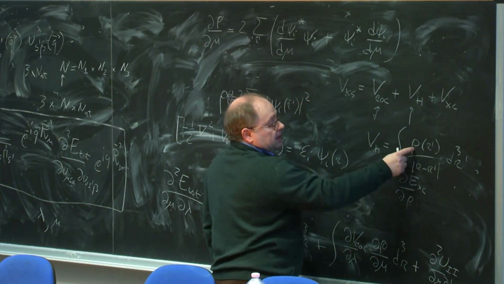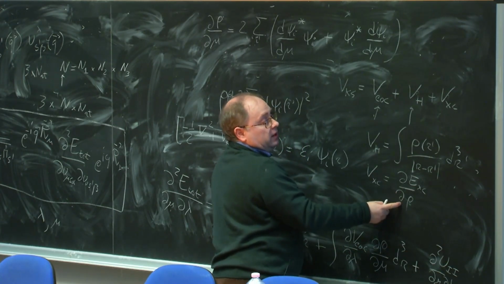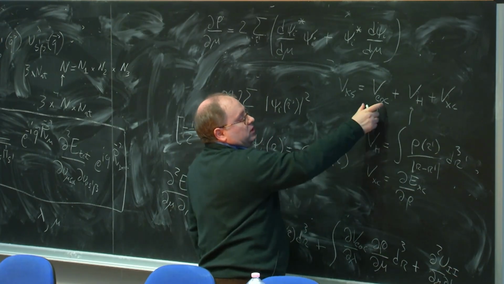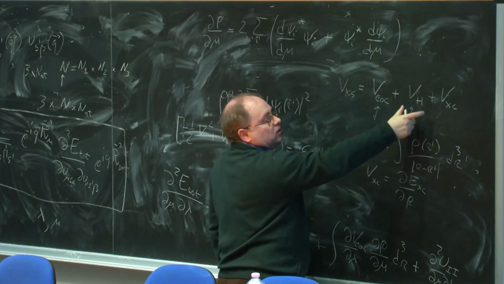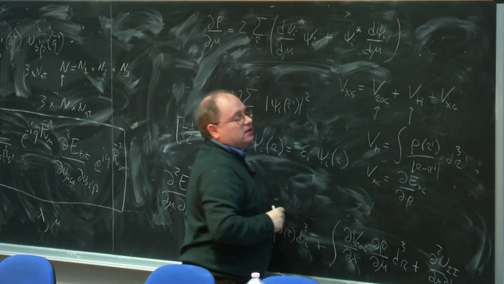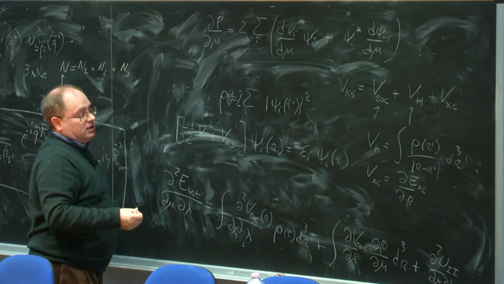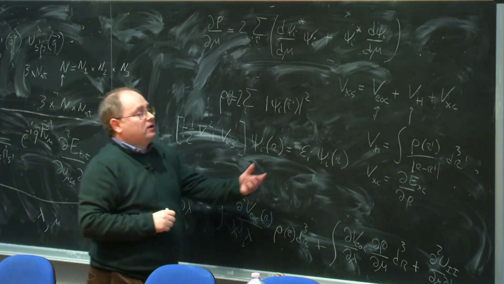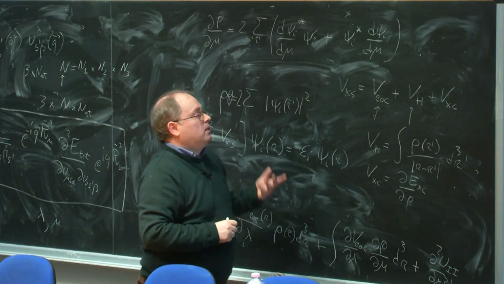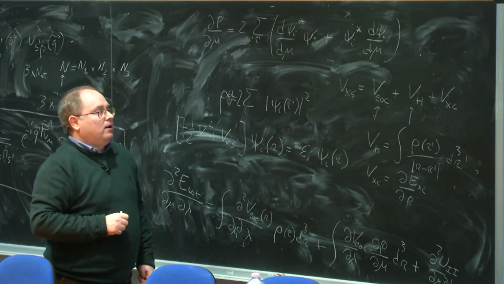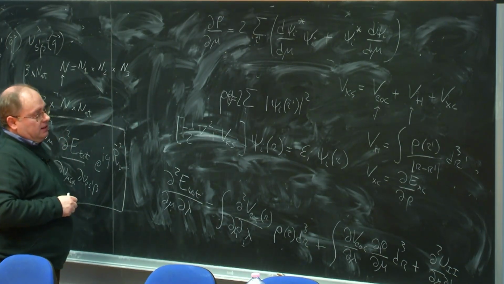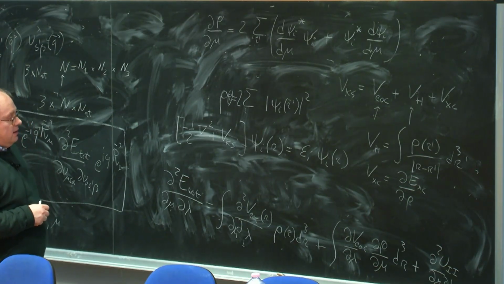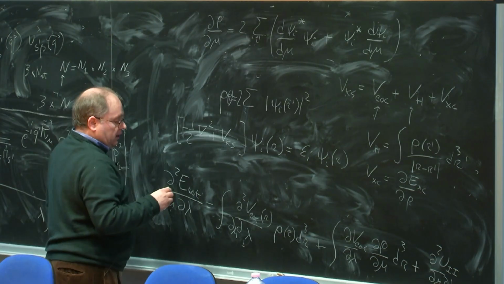Both these two objects depend on rho. So if we do a perturbation, not only the local potential, but also Hartree and exchange and correlation will change. And so all the Kohn-Sham potential, in principle, depends on the parameter mu. And we expand these quantities to first order.